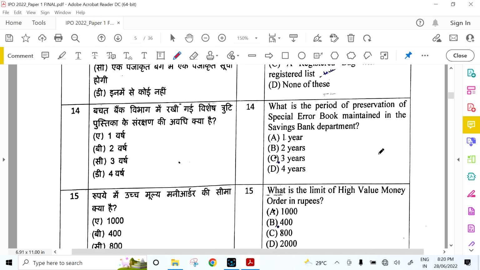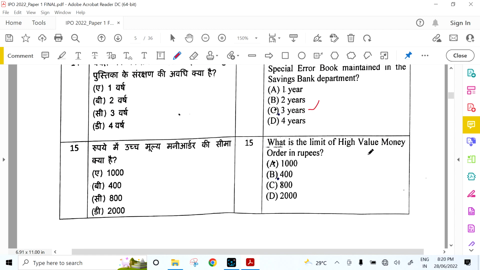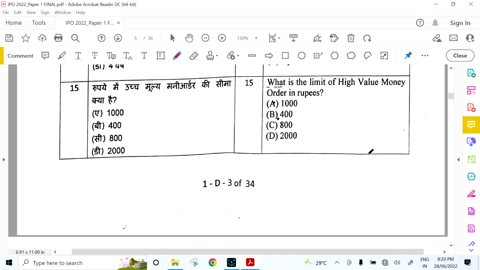Next question. What is the period of preservation of a special error book maintained in the savings bank department? This question has come from the CBS manual. It is 3 years. Special error book will be preserved for 3 years. What is the limit of high value order in rupees? The answer is 1000.